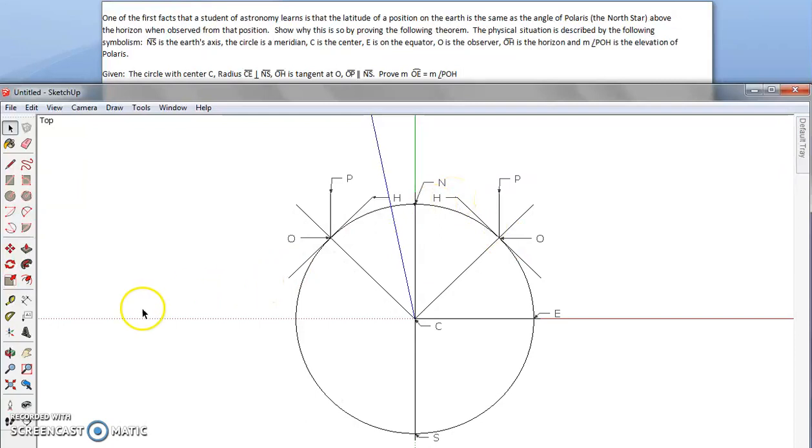Oh, let's look at that. I can use this nifty protractor tool and measure this angle at 45 degrees. Each tick mark is 15 degrees. Go up to here and we have POH is also 45 degrees.